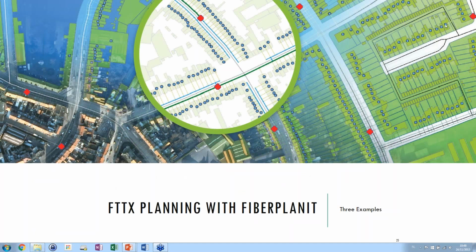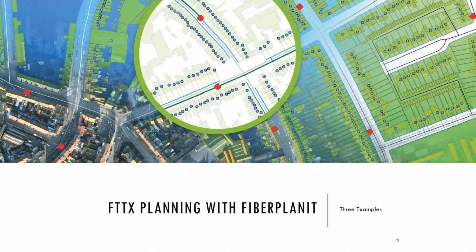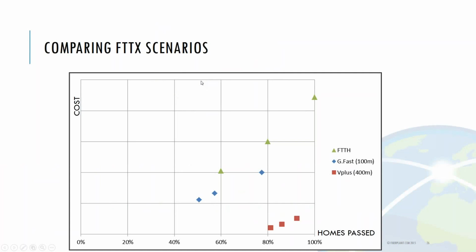Thank you, Jonas. So that gave us a good idea about the possibilities of using FiberPlanIT to handle these different scenarios for FTTx planning. And just to summarize how a result of comparing different scenarios could look like, this is an example of some of these outputs plotted on a graph where you can get some interesting insights.